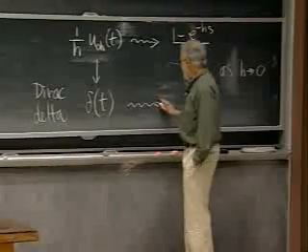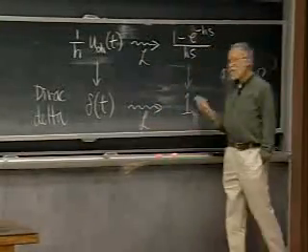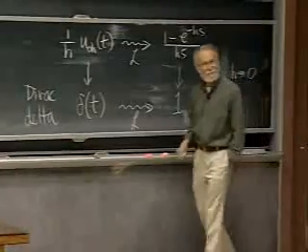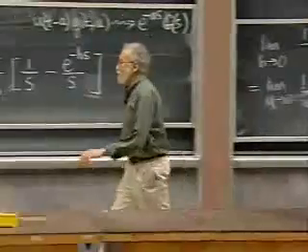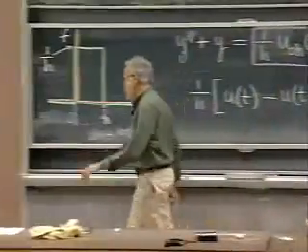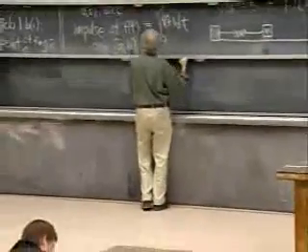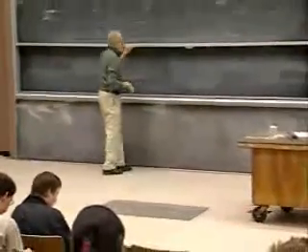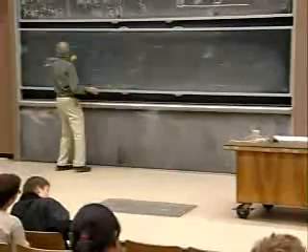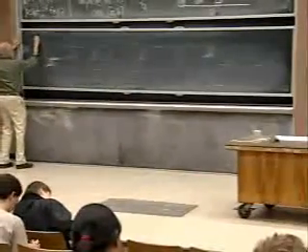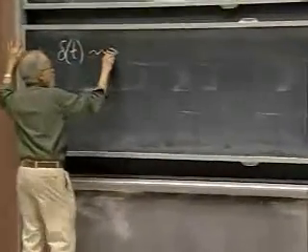So the diagram is completed that way, and its Laplace transform is declared to be 1. So let's start listing the properties of this weird thing. The delta function, its Laplace transform is 1.